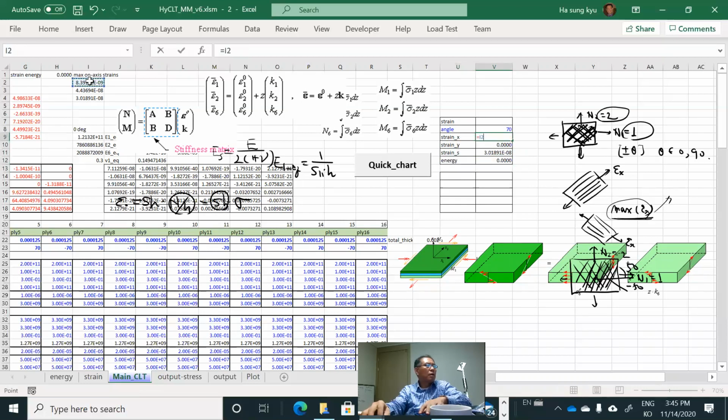This one, we rearranged this one, and strain.